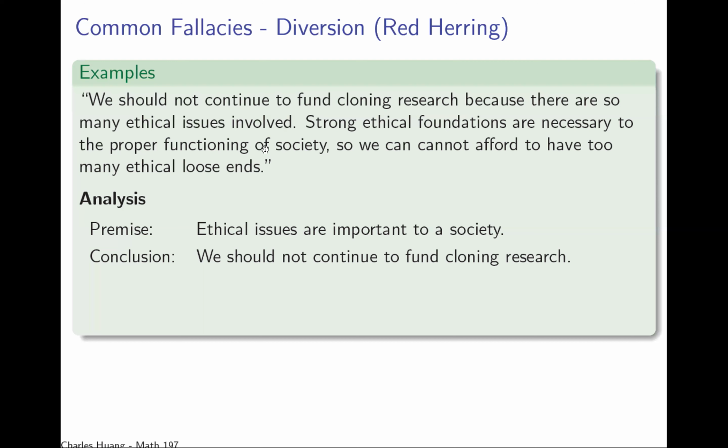And you'll notice in this case, it doesn't really talk about what kind of ethical issues there are. Instead, it's talking about how ethical issues are important. But it's not talking about why we should stop cloning research and what kind of ethical issue the cloning research is causing. And instead, we sort of got distracted and we talk about something else completely. And that's called diversion.